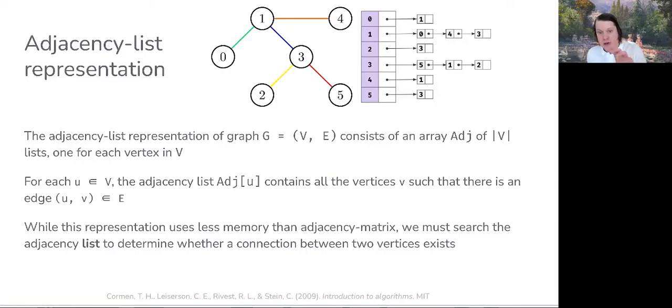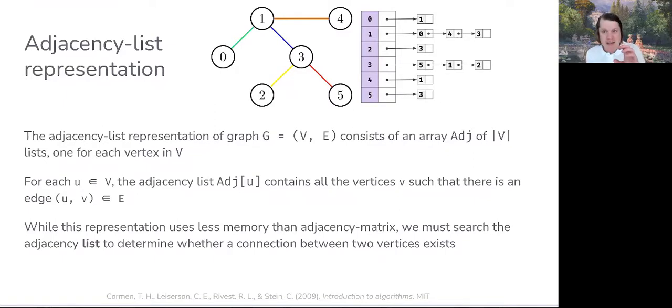So each vertex is going to have its own adjacency list. For each vertex from this set of vertices, a particular adjacency list is going to contain all the vertices V such that there is an edge between, say, U and V.